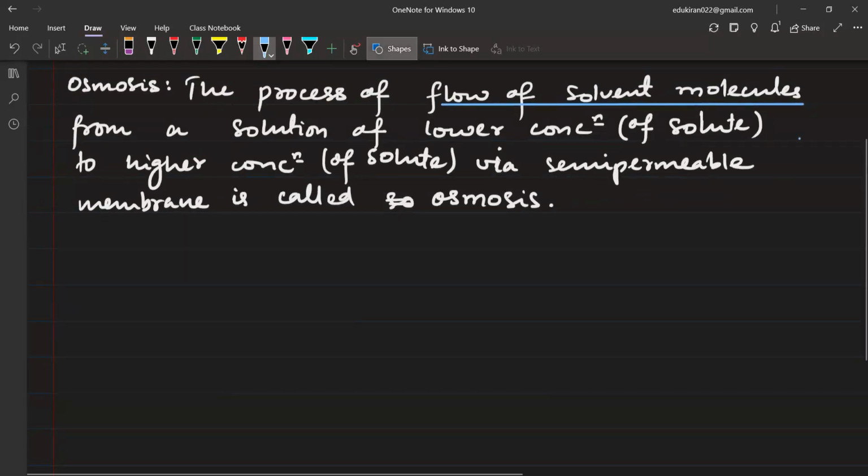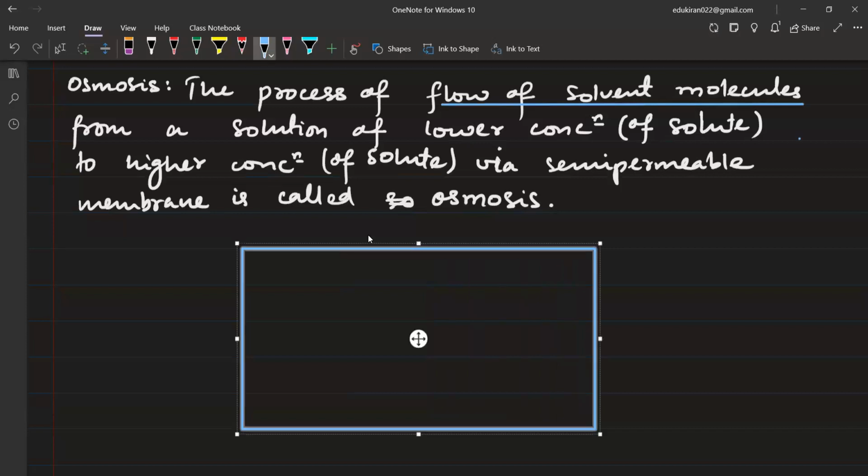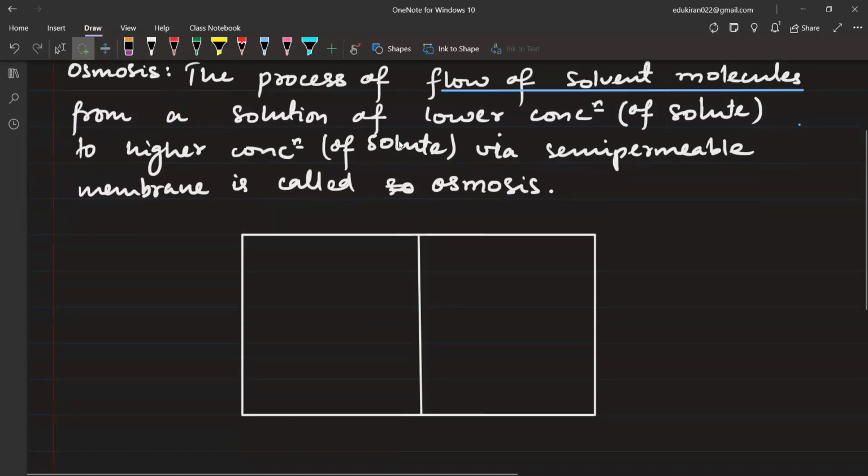Now, please see. Let us suppose we have a chamber, and then we have a partition here. This partition is the semi-permeable membrane.